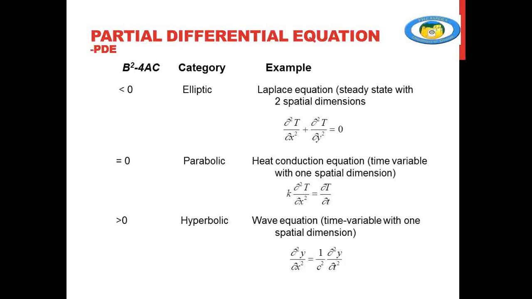The other one is the hyperbolic equation, the typical wave equation. Here, there is one time variable and one spatial dimension. So a is 1, and c is 1 over c squared. Since c squared is positive, you just take it to the other side to make it similar in structure to the general form, equal to 0.